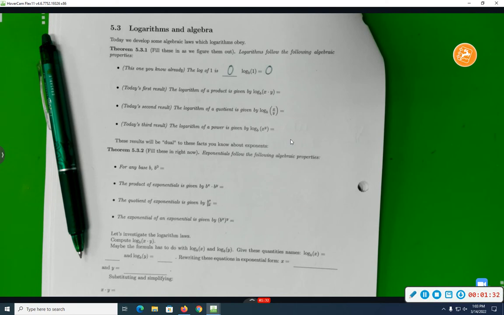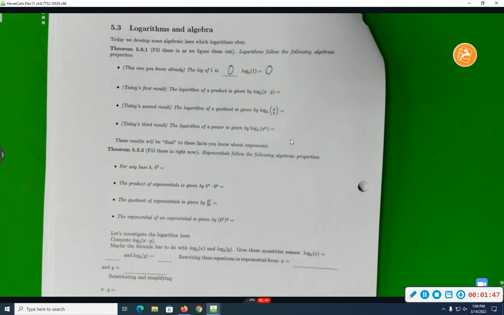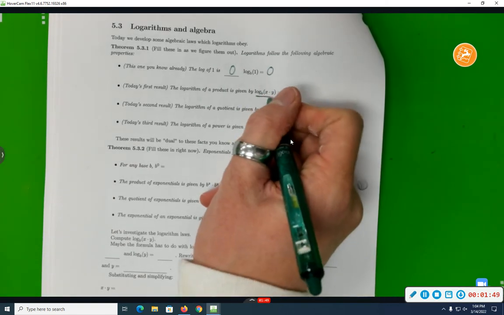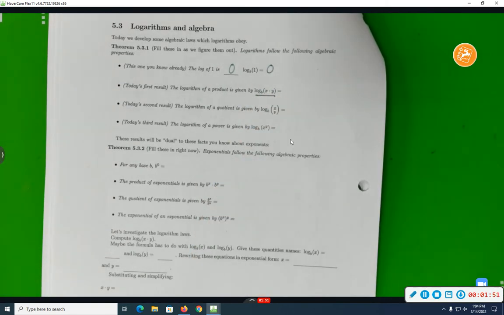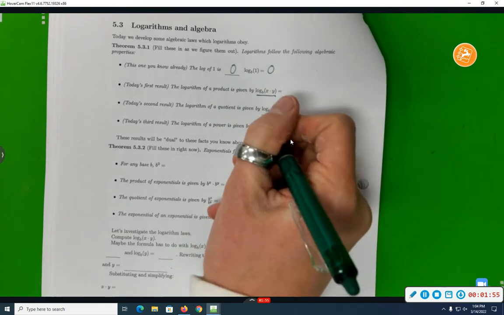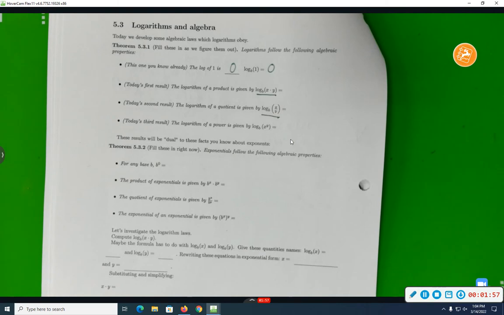And this is the same logic that will apply for all the rest of the rules. Exponentials satisfy rules. Logs will satisfy somehow the inverses of those rules. So let's say what the rest of them will be. The first logarithm law says that the log of a product is equal to something. The log of a quotient is equal to something.